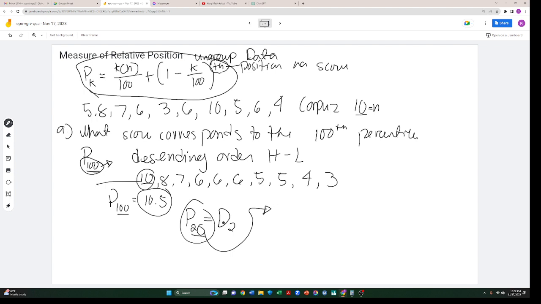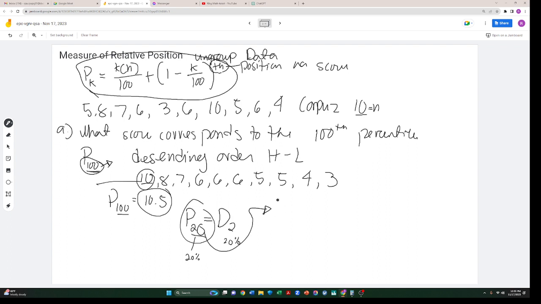Why are they equal? Because D2 represents 20%, and percentile 20 also represents 20%. Decile 2 has its own formula, the same with D and K, but the difference is that you put 10, because decile represents 10 parts: 1, 2, 3, 4, 5, 6, 7, 8, 9, 10, which is 10%, 20%, 30%, and so on.